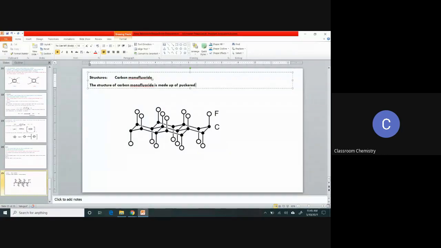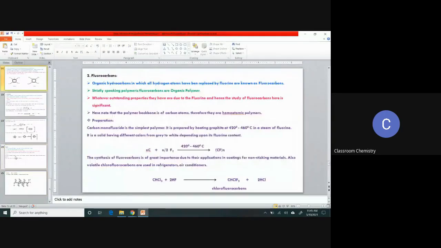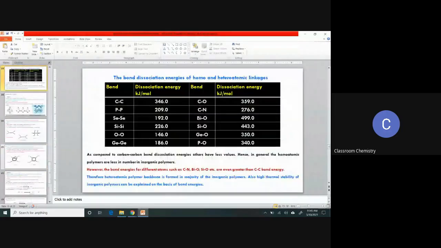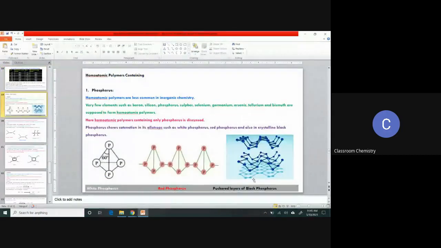Which one? Anybody? Yes. You remember or not? In which polymer do we see the puckered structure? This one. What is this? Anybody?